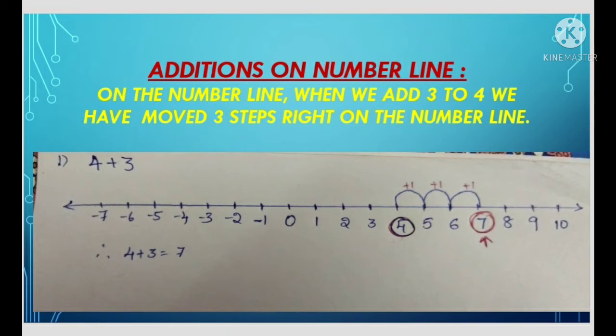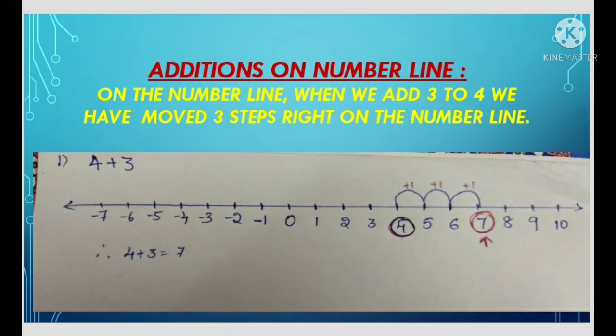From 4 we move 3 steps and the answer we get is 7. You will find that in each case you have moved right on the number line.